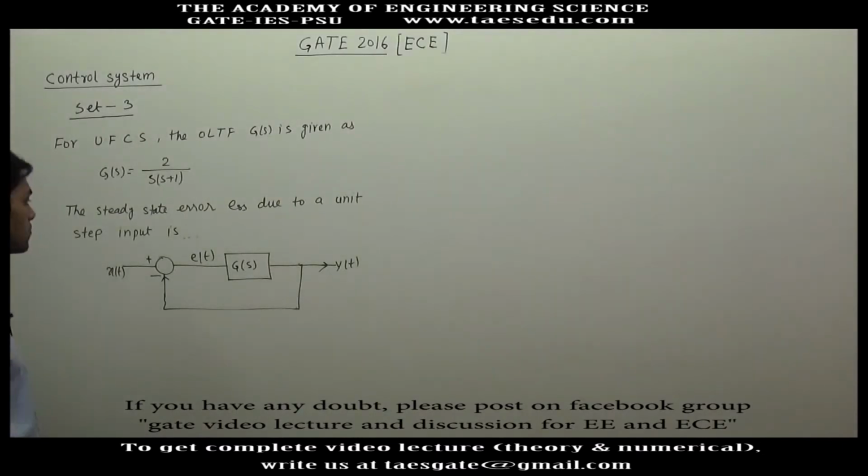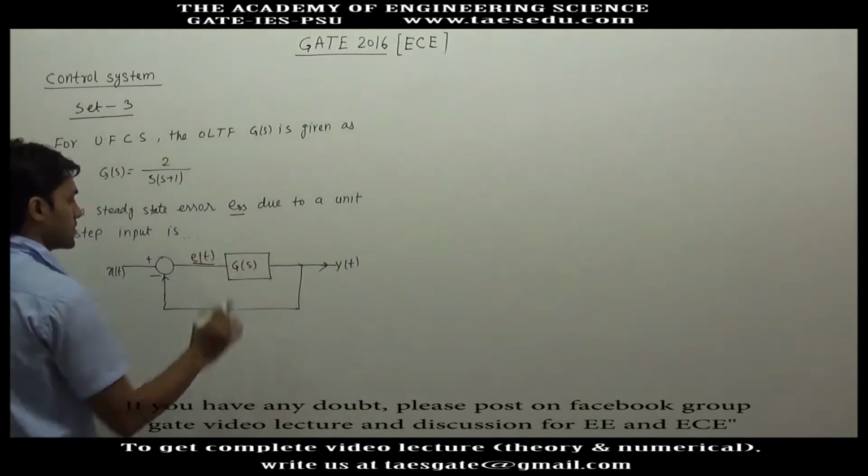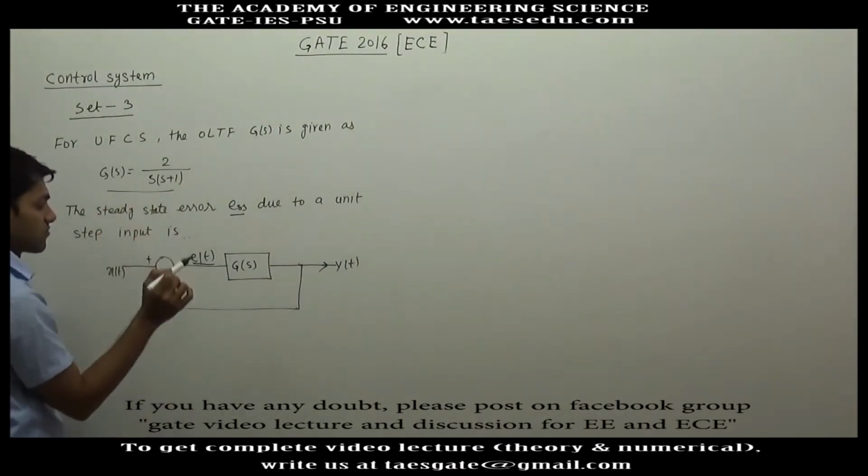Here we have to find out the steady state value of the steady state error, ESS. G(S) is given, the open loop transfer function.